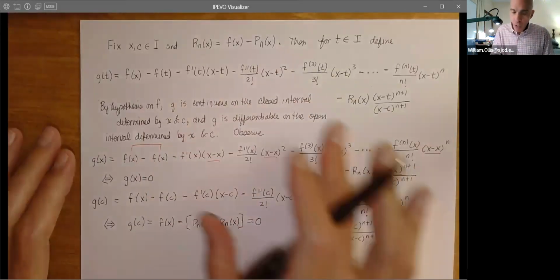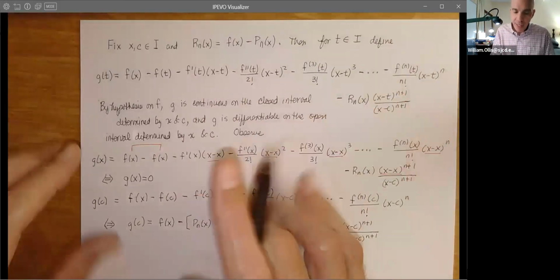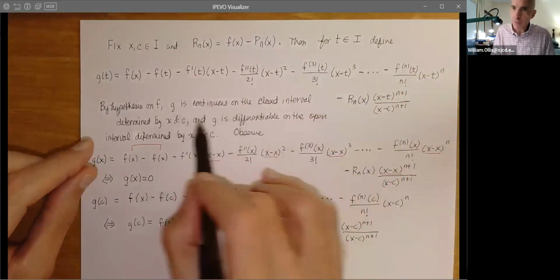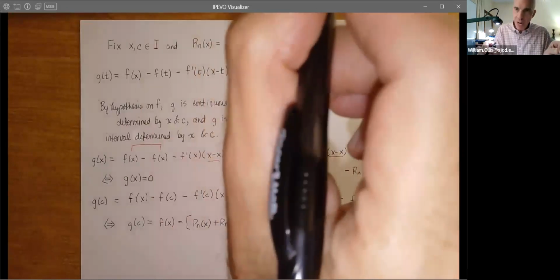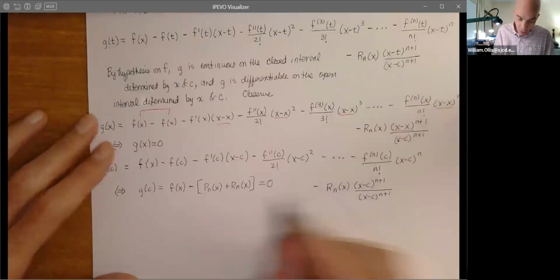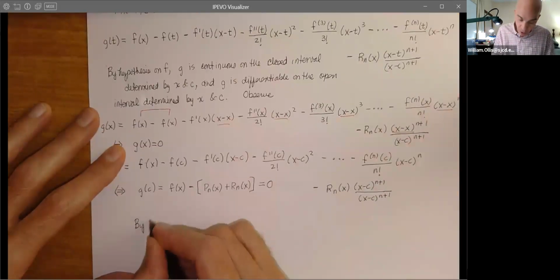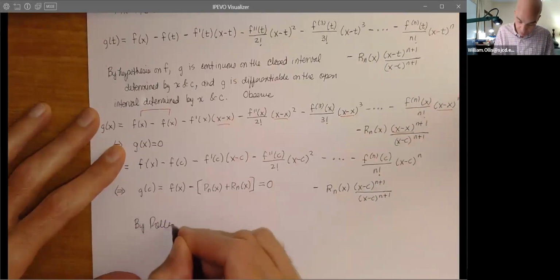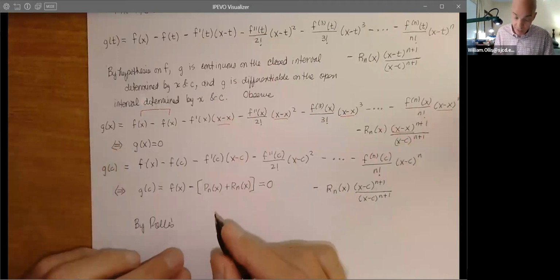So now, with all of this satisfied, that is, we have continuity, we have differentiability, and we have the two outputs equal, we have at least one horizontal tangent. So write this down, by Rolle's theorem, and this is where we get the z.